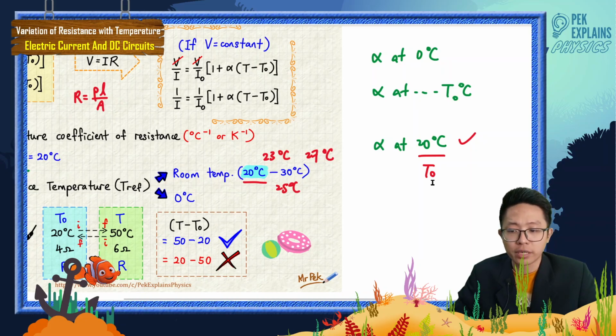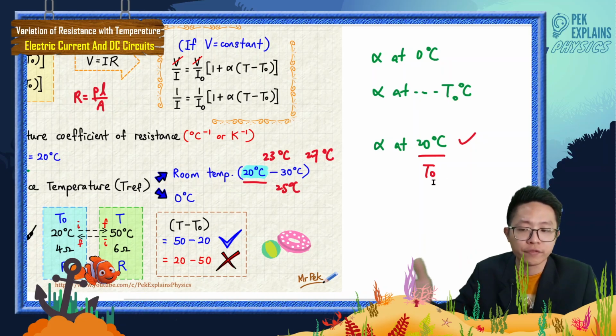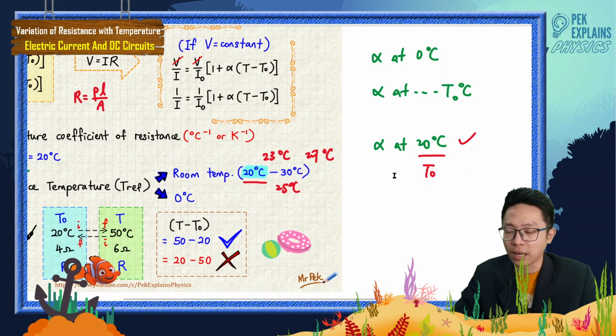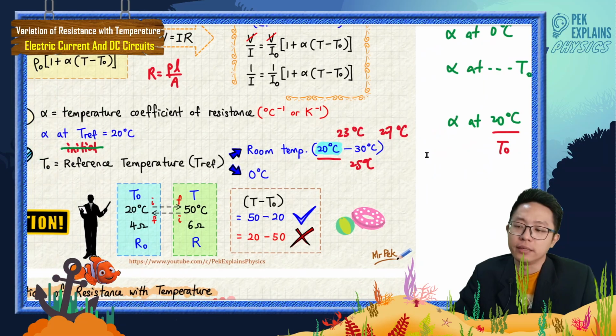You cannot change T naught to 50 degrees Celsius, or to 60 degrees Celsius. You must maintain the T naught at 20 degrees Celsius, because our alpha will have a different value at a different reference temperature.